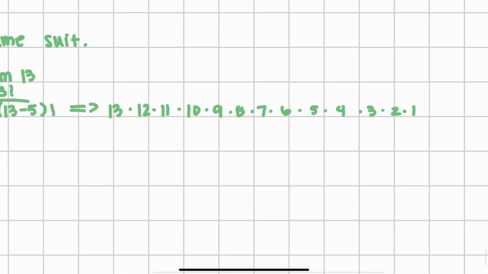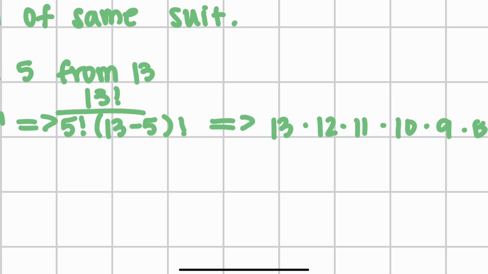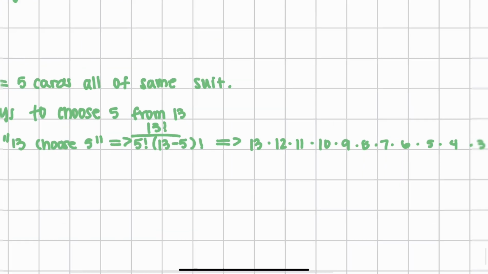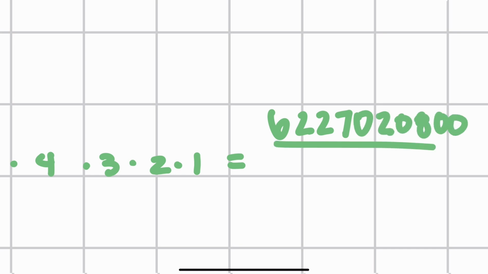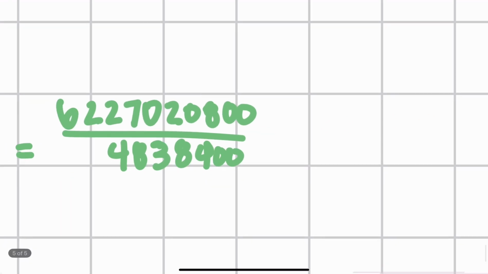So you do that for 13, you do it for 5, and you do it for 8. And this comes out to 1,287.